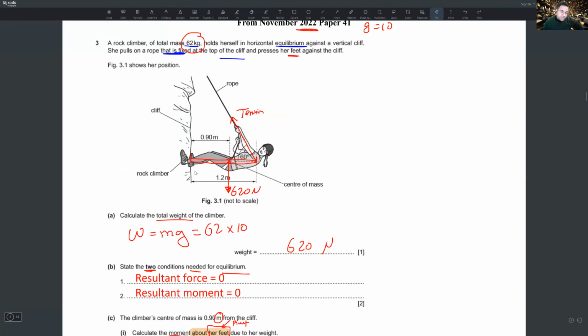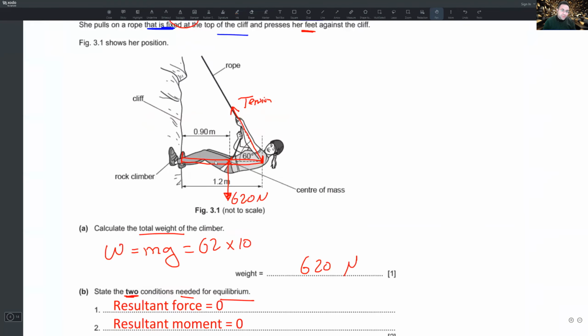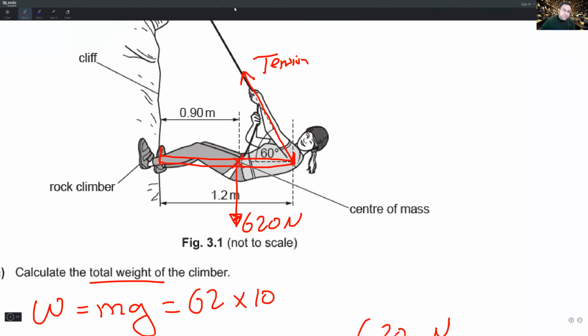It's not 1.2. If you do what I told you a while ago, I want the distance perpendicular to the force. This distance over here. And it's a triangle. Oh, here's the triangle. If you can't see it with your eyes, here it is. So what is this distance? It's 1.2, the long distance going down, times sine of this angle, 60 exactly, excellent.